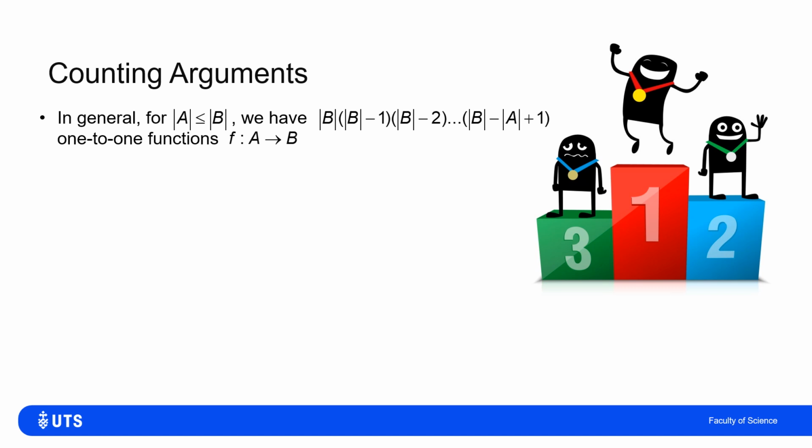Once I've done that, there's the cardinality of B minus 1 elements left to pick to assign the second thing to. Then the cardinality of B minus 2 to assign the third thing to.